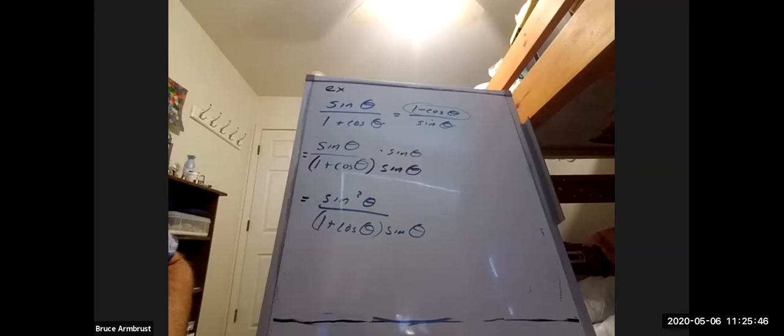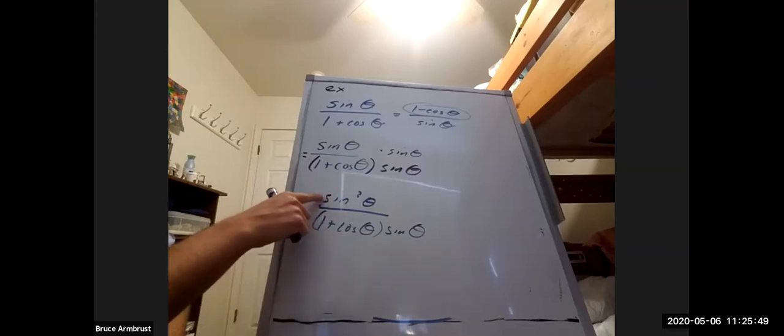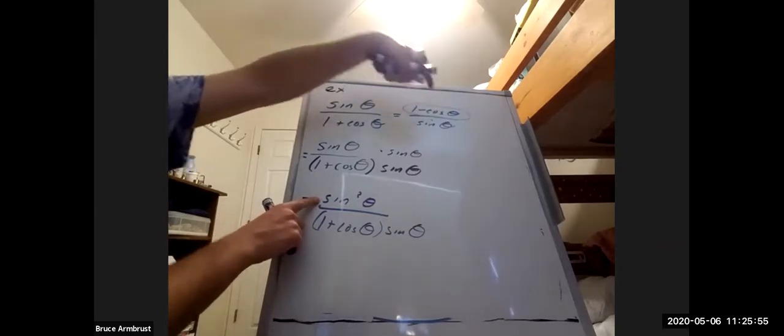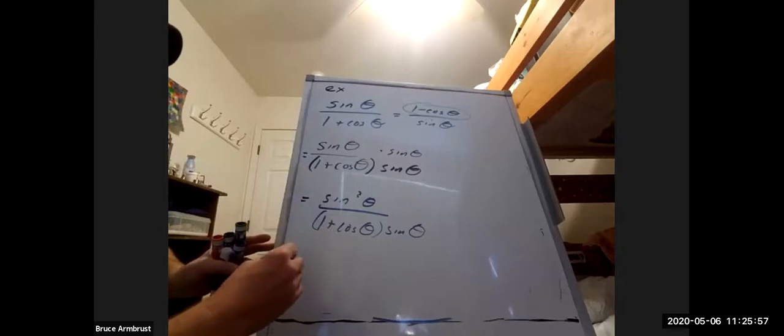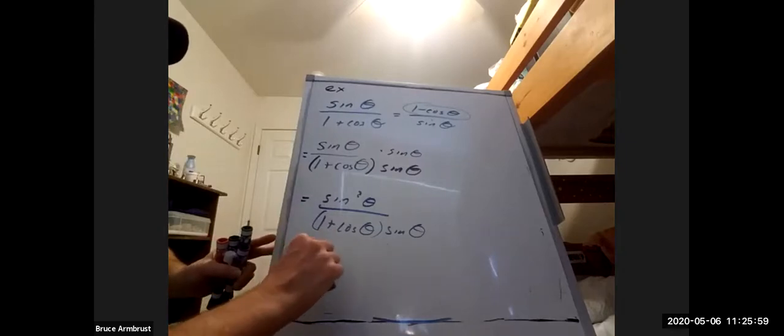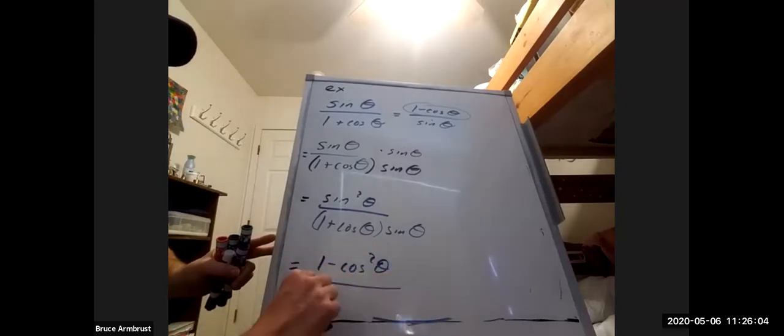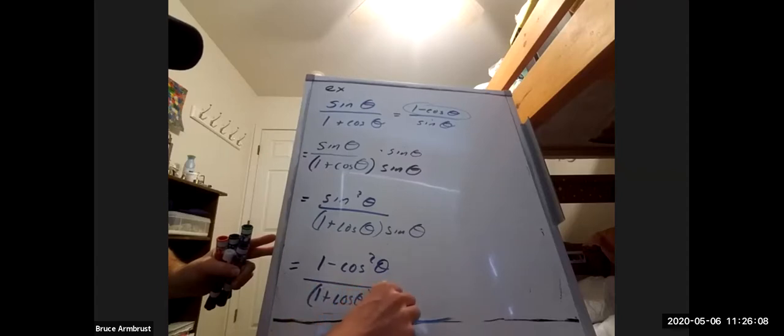Now the next step here would have been, okay, I need to get rid of the sines on top. What I want are cosines on top. So I'll use the Pythagorean identity and rewrite this as 1 minus cosine squared over 1 plus cosine times sine.